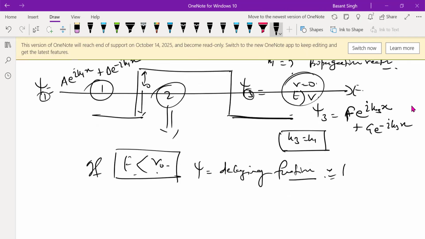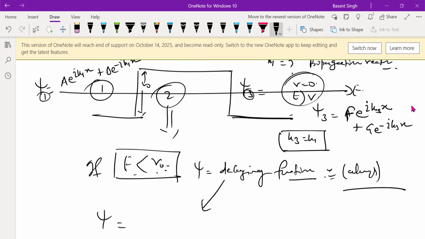Always. If energy is less than potential, then the wave function, that is the solution of the Schrodinger wave equation, gives a decaying function.